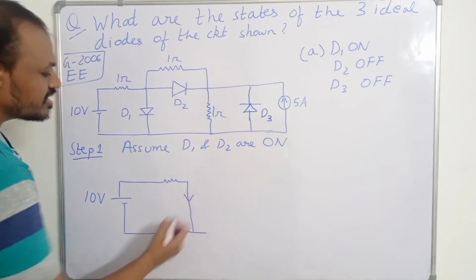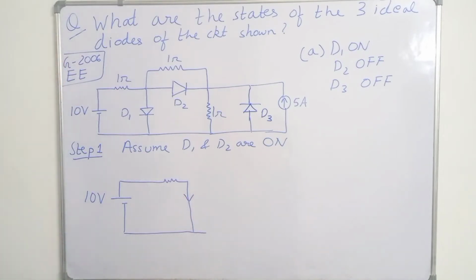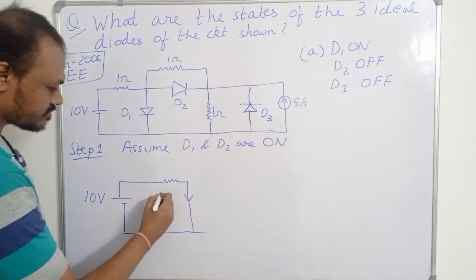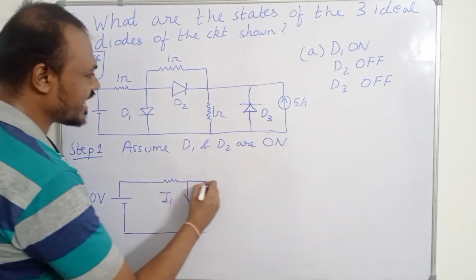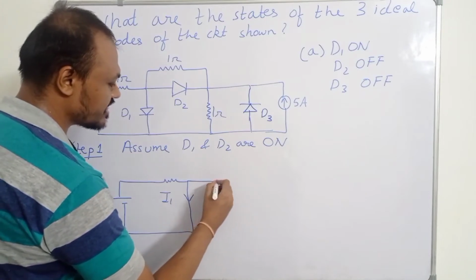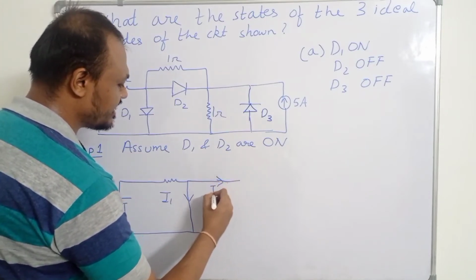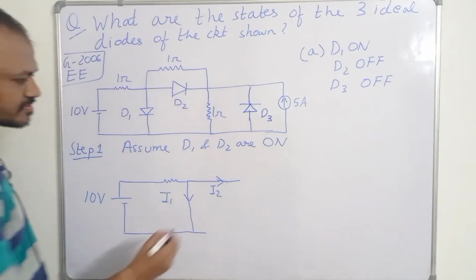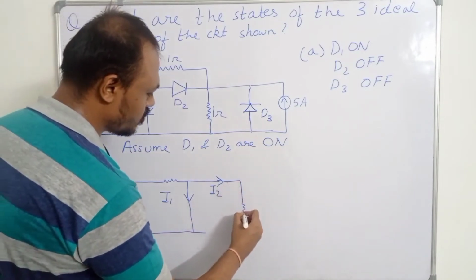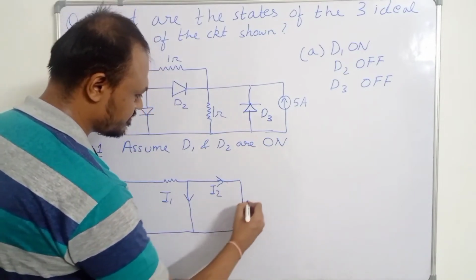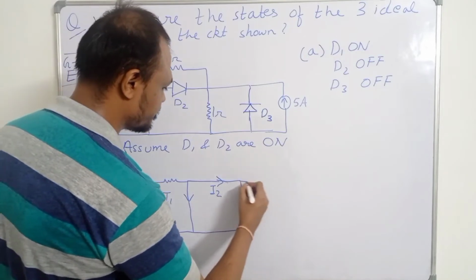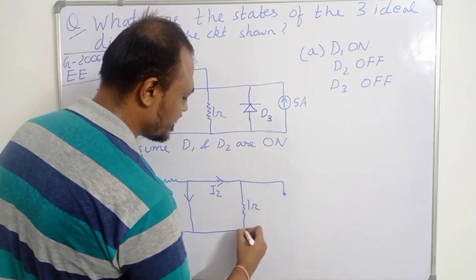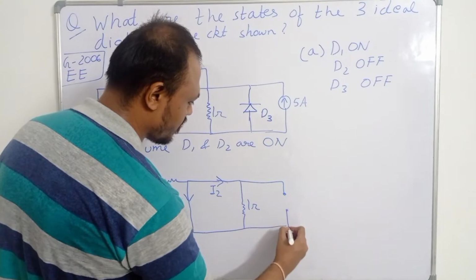Let's suppose the current here is I1. This diode is also replaced by a short circuit. Let's assume the current here is I2. This is a 1 ohm resistor. This is diode D3. It is always off. It can never be on.